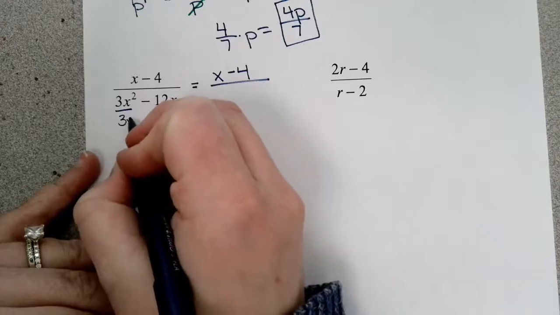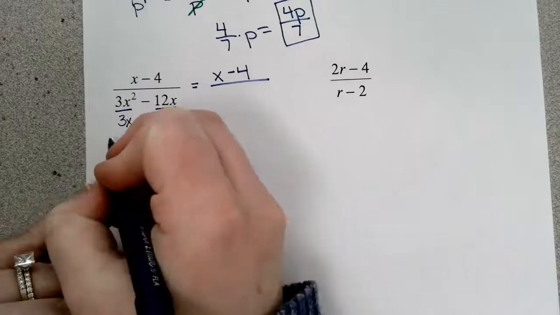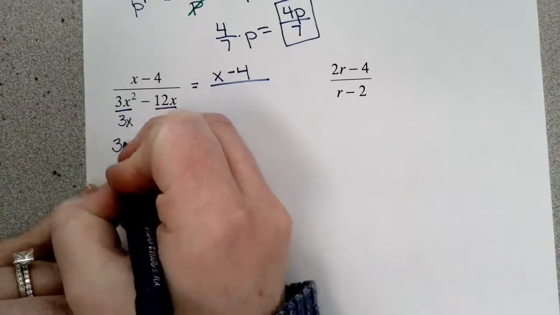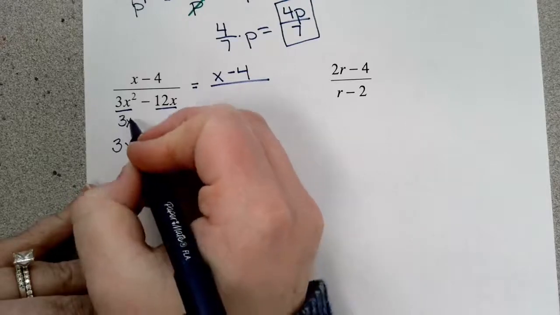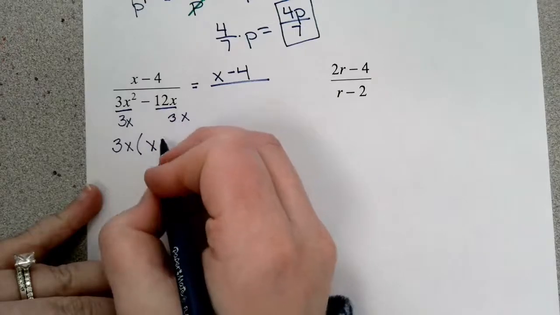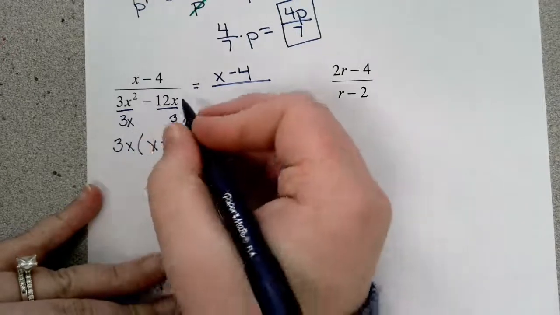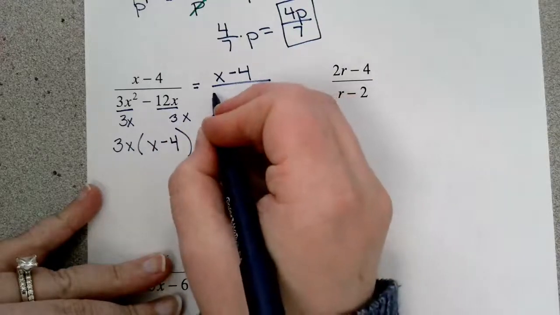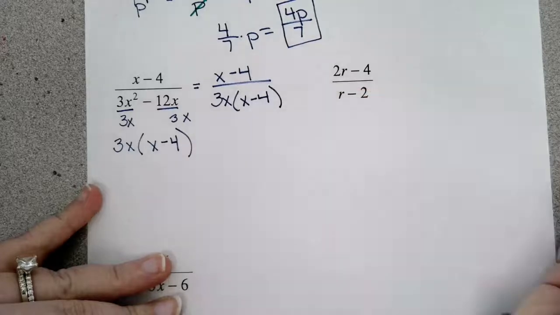I can take a 3x out of the first one and a 3x out of the second one. That's my greatest common factor. So my bottom can be rewritten as x squared divided by x leaves an x, the 3 simplified to 1. Negative 12 divided by 3 is negative 4, and the x is simplified away. So I can write that bottom in the factored form as 3x, x minus 4.